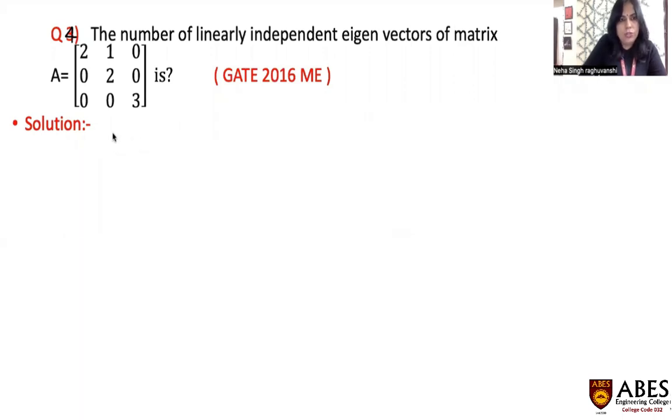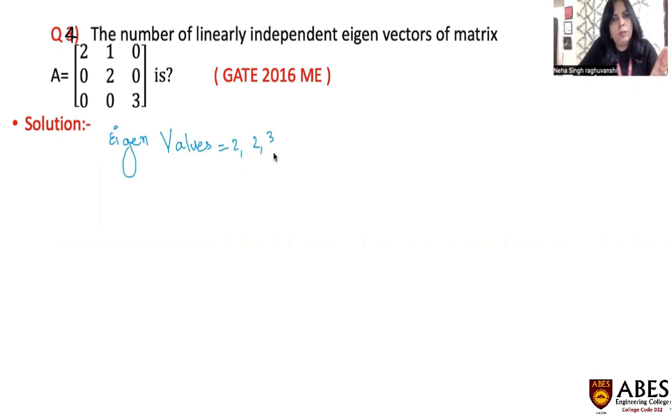So the eigenvalues are 2, 2 and 3, since this matrix is a triangular matrix. Therefore the diagonal elements are the eigenvalues, that is 2, 2, 3. In these eigenvalues, you can see two types of element, 2 and 3.